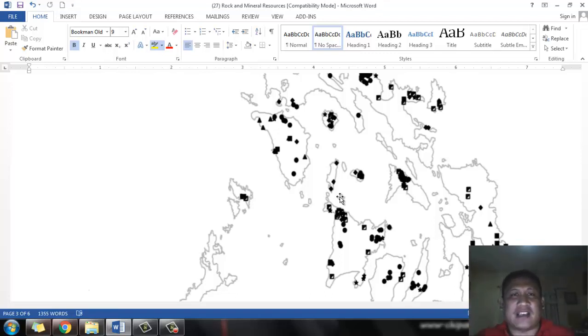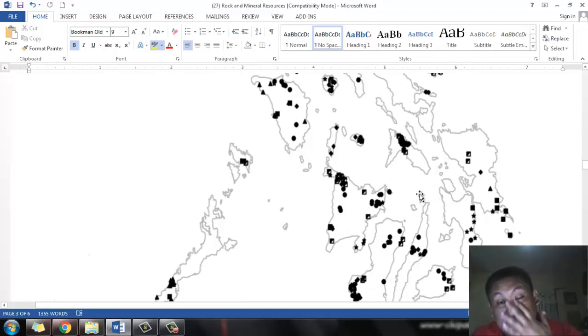In areas without that heat, minerals are not produced. We are wealthy in terms of natural resources, these mineral resources. But I do not know why we are still very poor in terms of economy, when in fact we are rich in mineral resources.